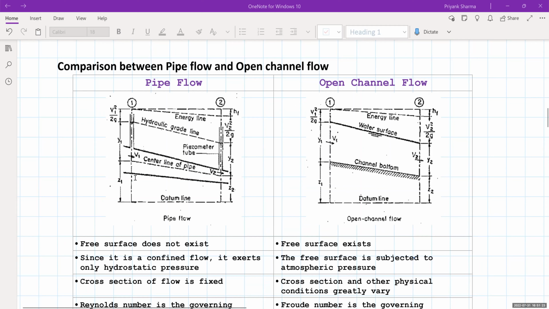For a pipe, the cross section of the flow is fixed and already defined, but for an open channel flow, the cross section and other physical properties may vary greatly. Now in pipe flow, since it is a pressurized flow, the Reynolds number is the governing parameter, while in open channel flow, the Froude number is the governing parameter.